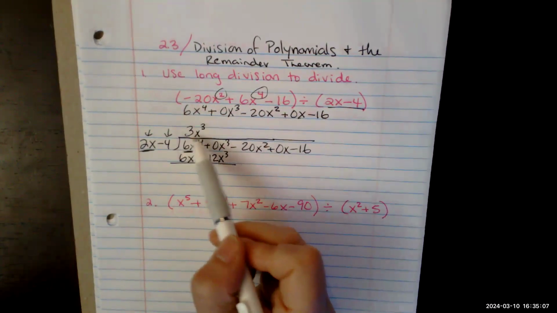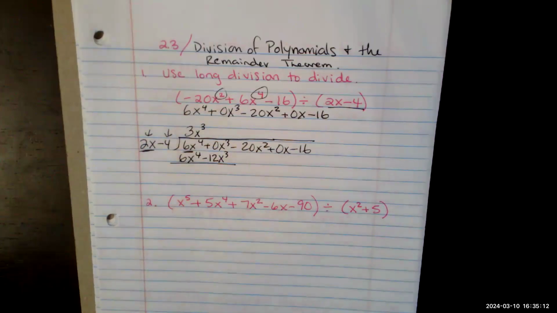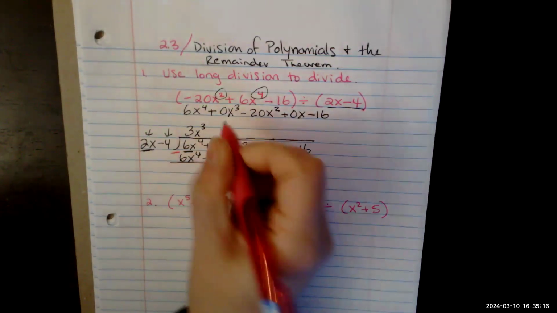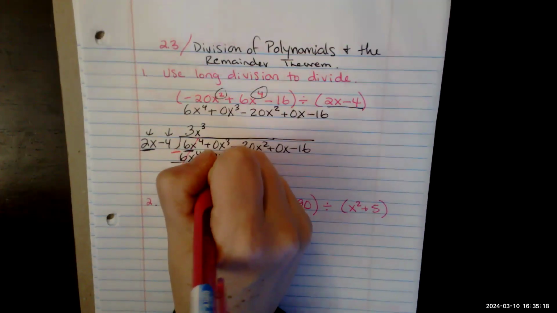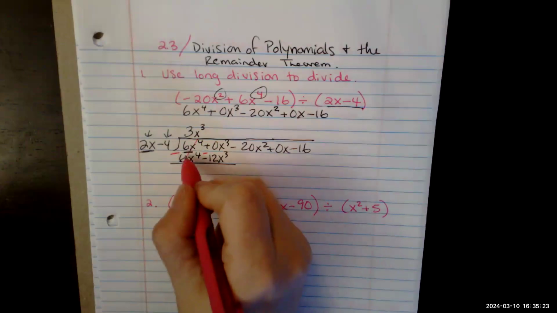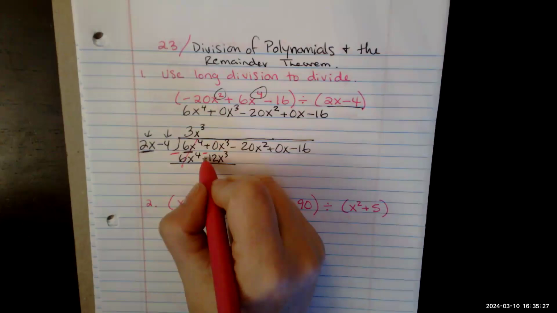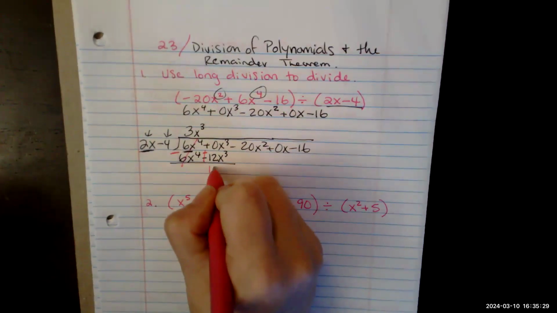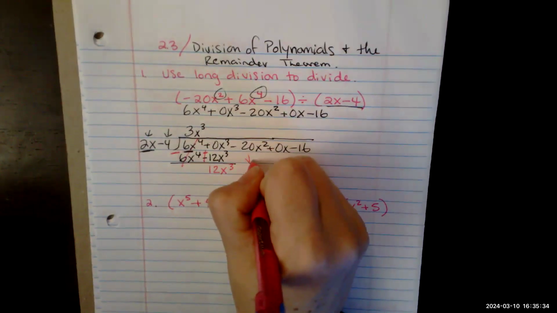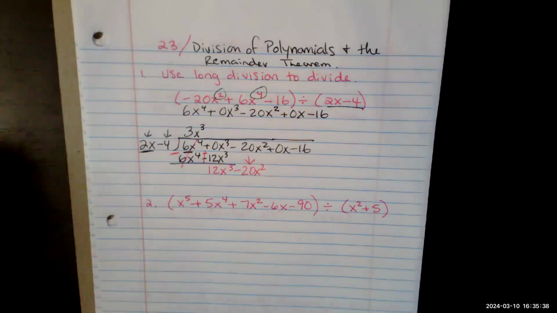So we pick what goes here, we multiply it by everything outside, and now we need to subtract, but you need to be careful because we need to subtract this, and we also need to subtract this. So this gives us nothing, and that's what we wanted, but we have to be careful here. 0 minus a -12 really becomes a plus. And then we bring down the next term, and we do all of that again.